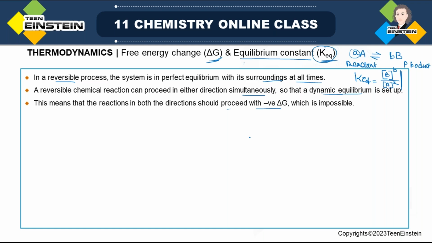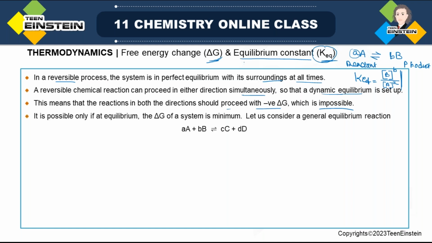So here what we are seeing is that it is under equilibrium and A is converted to B, B is also converted to A, both are occurring simultaneously because it is dynamic. That means in both directions it is negative del G, but that is actually not possible, right? How in both directions should del G be negative? It means as if in both directions it is spontaneous. So what to do when we have this type of situation? What do we consider?